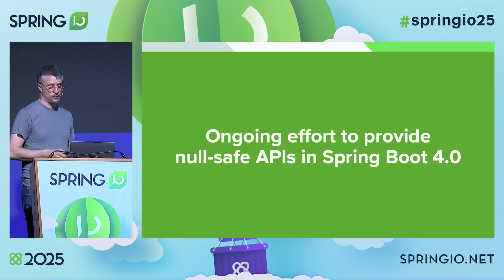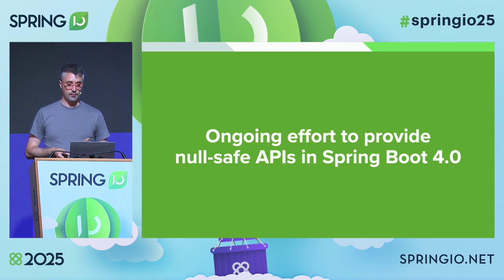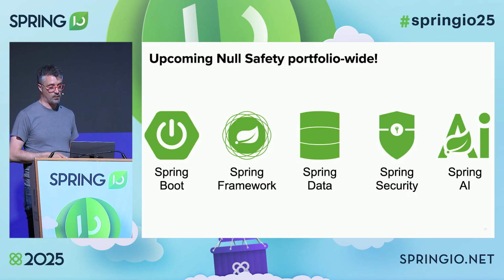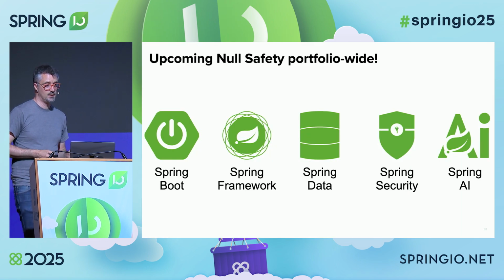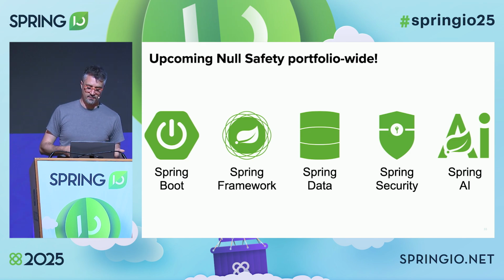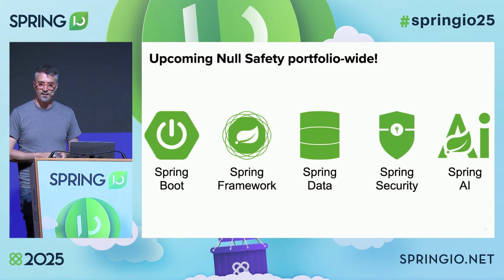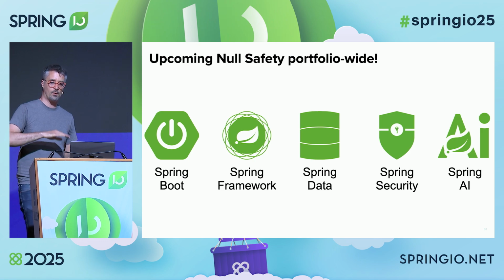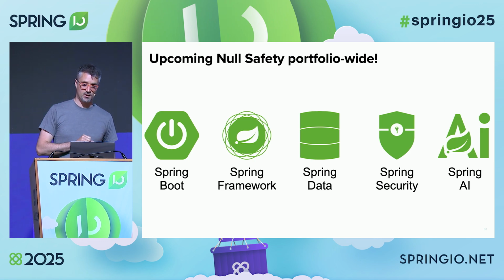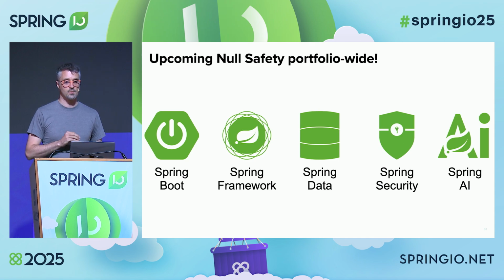There is an ongoing effort to provide null-safe APIs in Spring Boot 4. In fact, a lot of people in the Spring team are working on that, and so it's maybe the biggest new feature. I mean, this is my preferred new feature, at least, of Spring Framework 7, Spring Boot 4, and all the other Spring projects. We are working on introducing JSpecify annotations in the whole portfolio.